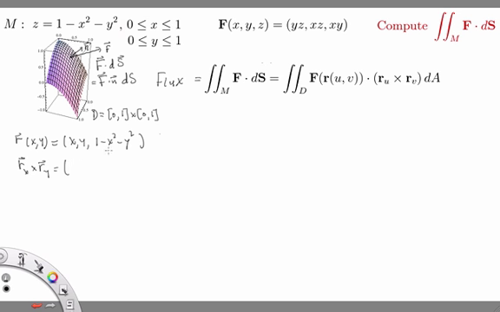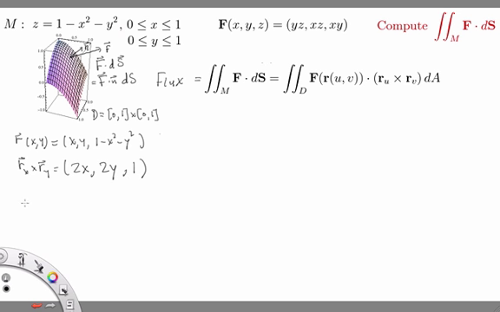So the partial is negative 2x, so I end up with a positive 2x, and then negative the partial derivative with respect to y, which is positive 2y, comma 1. You can derive this on your own by taking the partials and then taking the cross product, but this is a time-saving aspect if we memorize this formula.